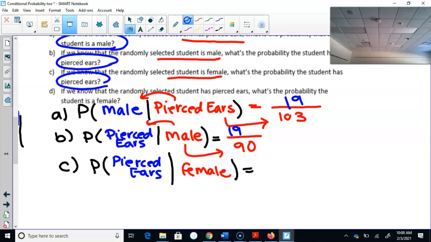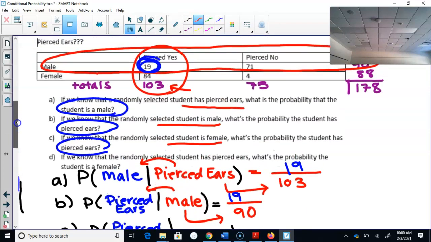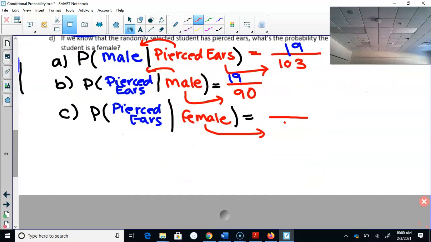Now, ladies and gentlemen, in the denominator, I need all the females. How many females do I have? A total of 88 females. Given that they're female, they have to be female that I pull out of my basket.